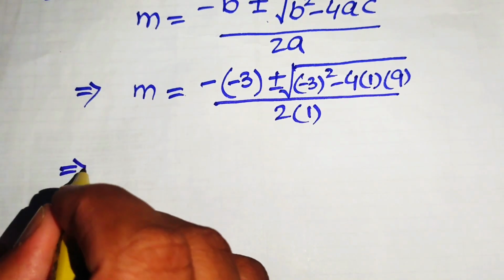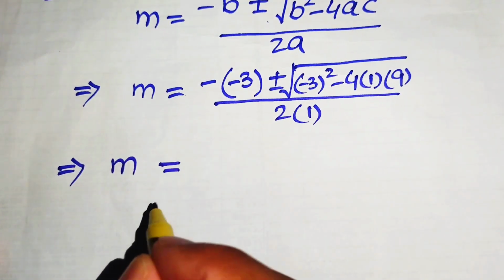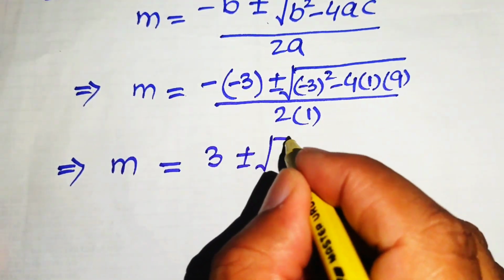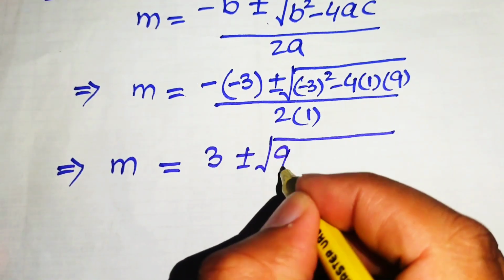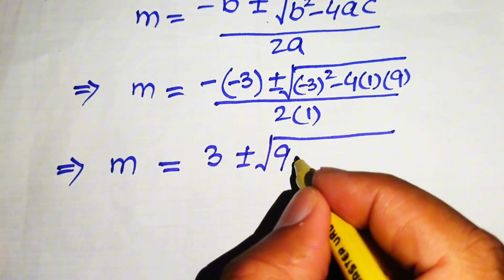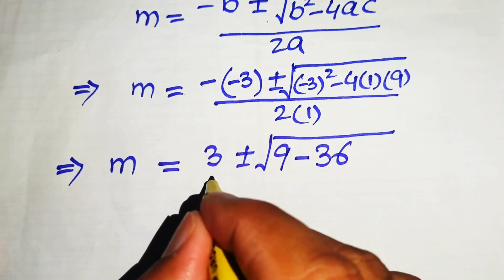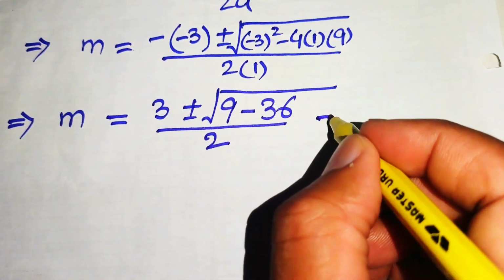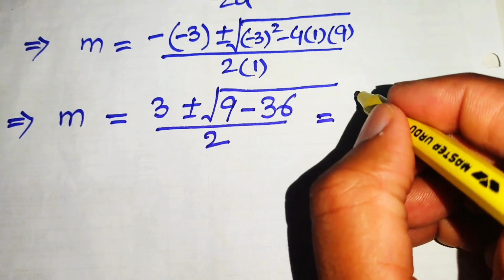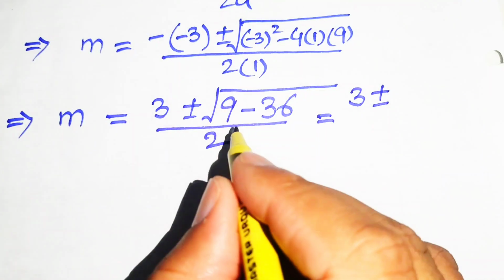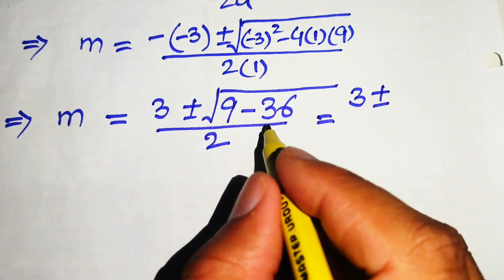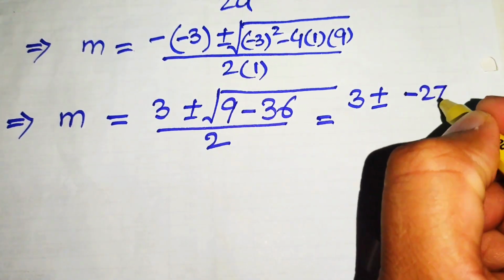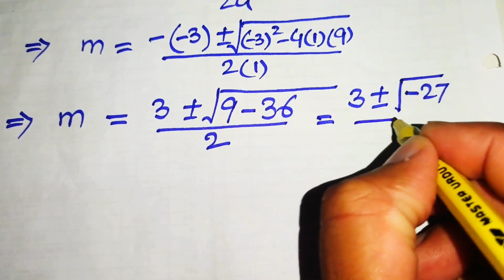So this implies that m equals, this minus times minus becomes plus 3, plus minus square root of minus 3 square equals 9, and 4 nines are 36, and this whole divided by 2. We need some simplification here, and we rewrite this as 3 plus minus, we know that 9 minus 36 equals minus 27, and its whole square root divided by 2.